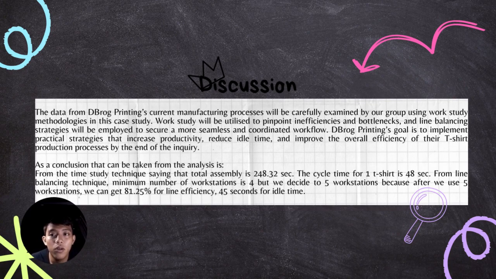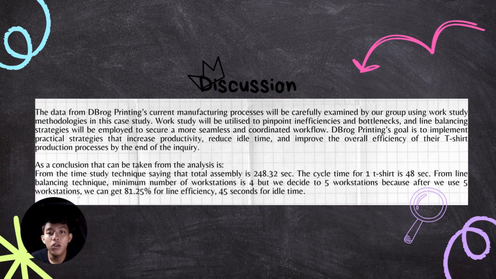So right now I will talk about the discussion of our project. The data from Debrog Printing's current manufacturing process will be carefully examined by our group using work study methodologies. In this case study, work study will be utilized to pinpoint inefficiencies and bottlenecks, and line balancing strategies will be employed to secure a more seamless and coordinated workflow.